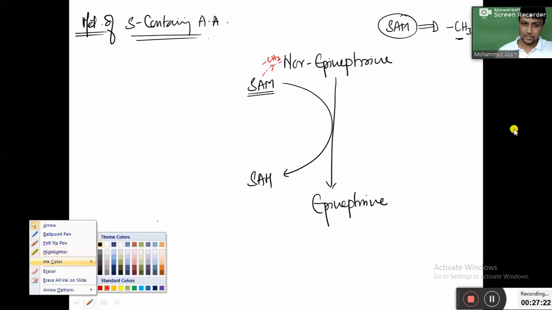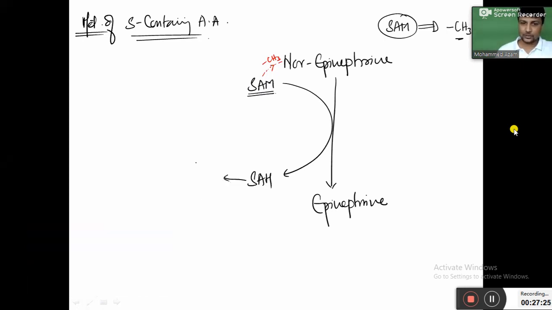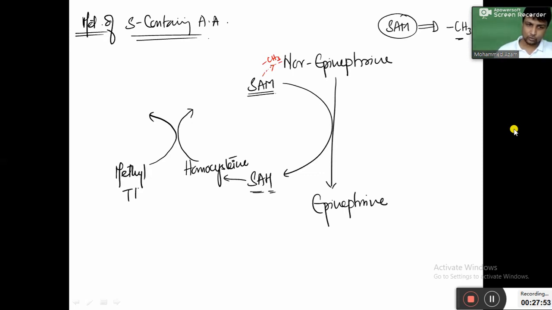Come on, start. First of all, this S-adenosyl homocysteine will further break down to homocysteine. Don't have to worry about this reaction, don't have to worry about the enzyme. And now welcome to the important reaction to be learned. Now this homocysteine is actually going to react with methyl tetrahydrofolate.